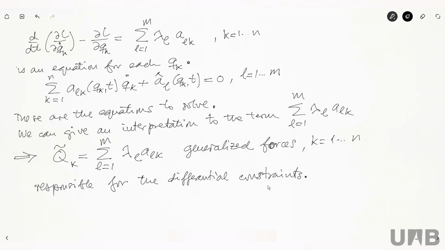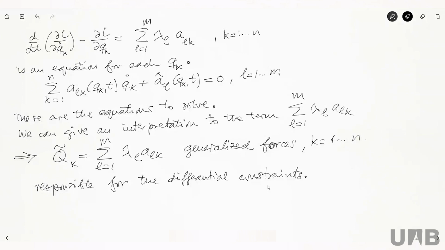But this is complicated because we don't know which forces are responsible for the constraints. So we get rid of these forces by applying virtual displacements and then going to the Lagrangian and the Lagrange equations.